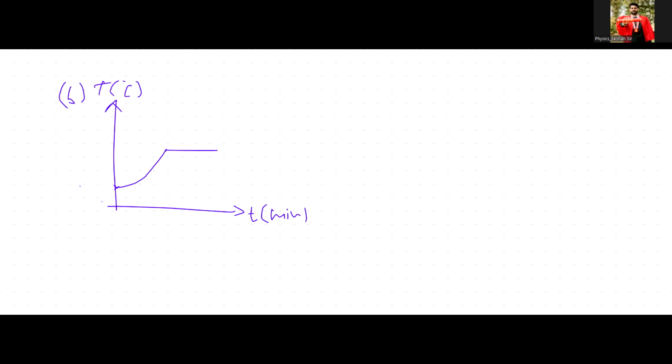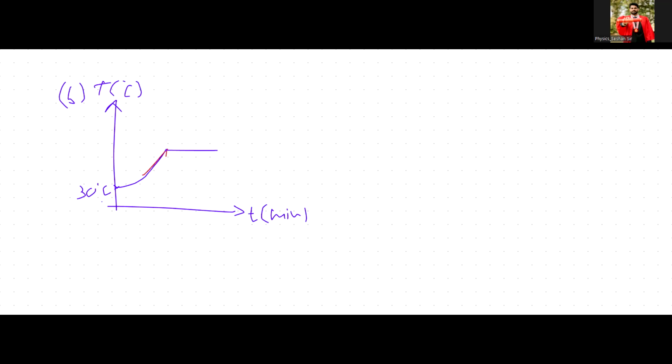Then the gradient of the tangent drawn to the graph just before the wax begins to melt is 3.6 Celsius per minute. That means it should be at this point, so I'm using a different color. So that means at this point, the gradient.